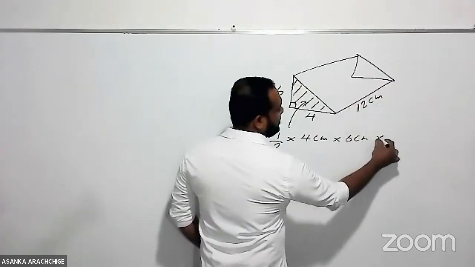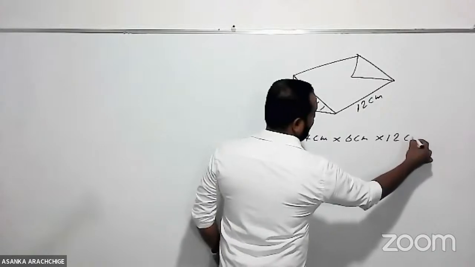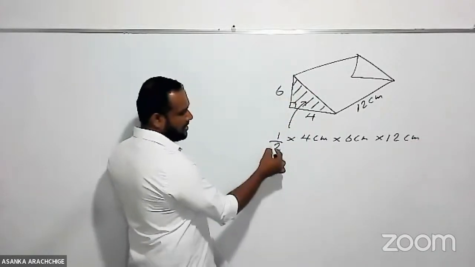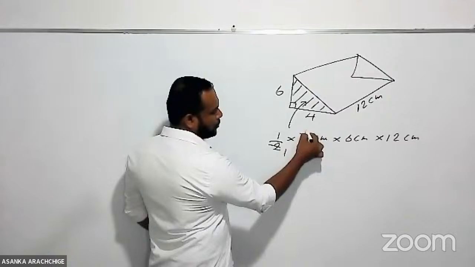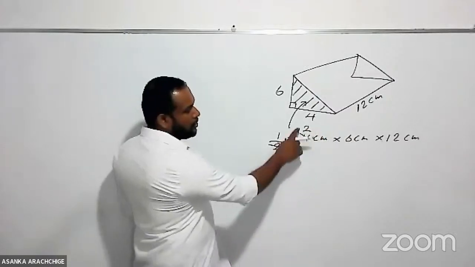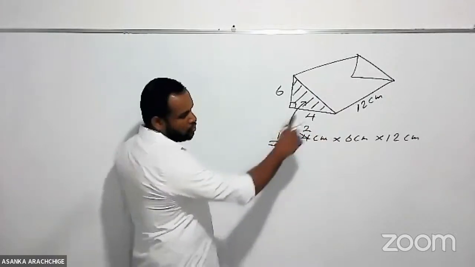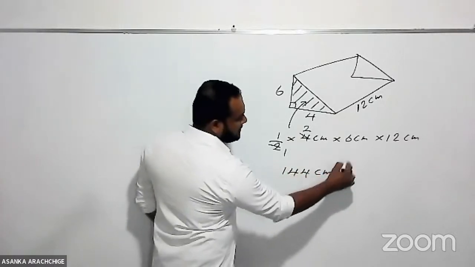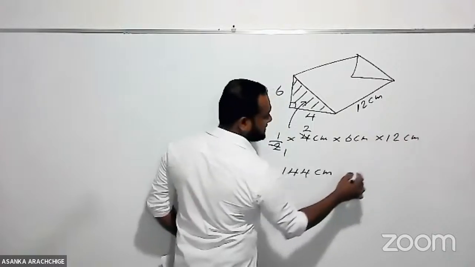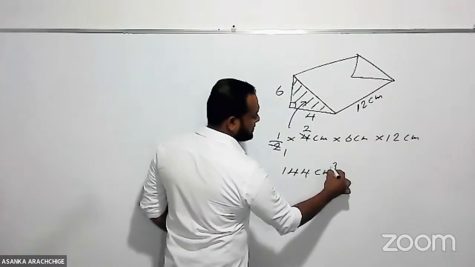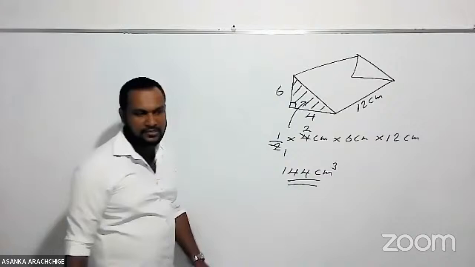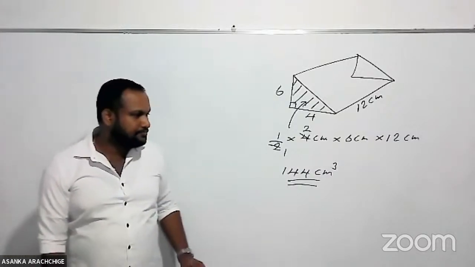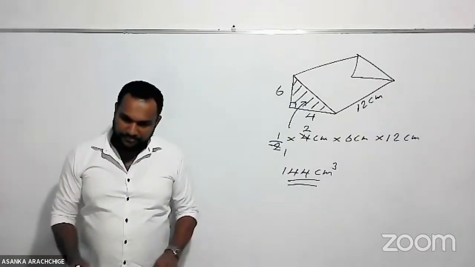Then this should be multiplied by 12 centimeters. 2 times 1, 2 times 2, 4. 2 times 6, 12. 12 times 12, 144 cubic centimeters. Is your answer correct? Correct.